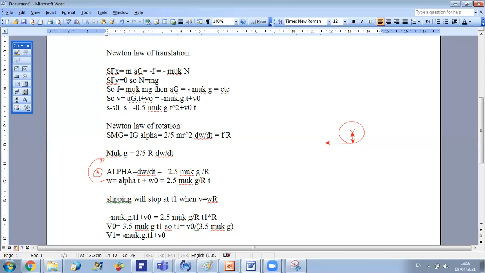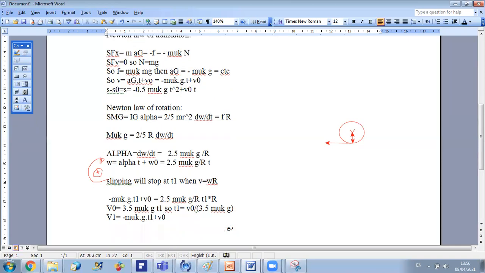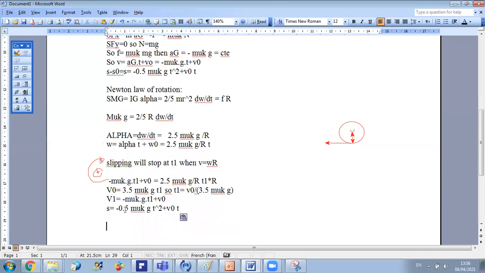Okay, and now to get s1 all we have to do is to replace t by t1. So s1 is minus 0.5 mu k g t1 square plus v0 times t1. And in this way we can find the values of position and velocity when we have rolling without slipping.